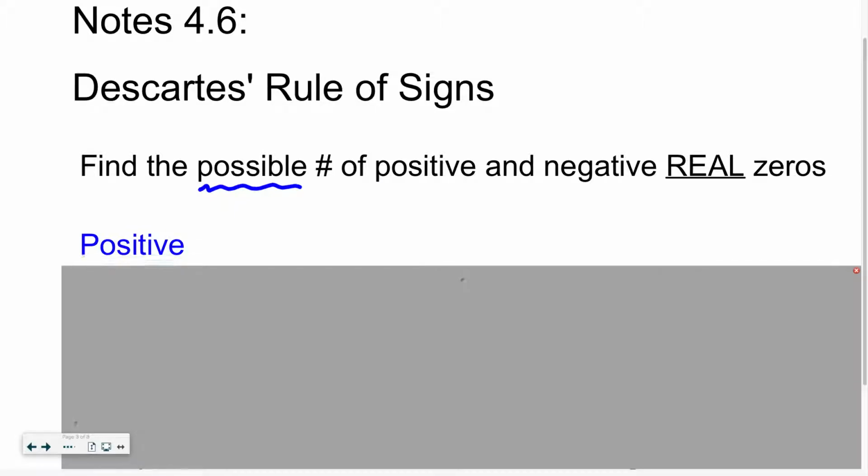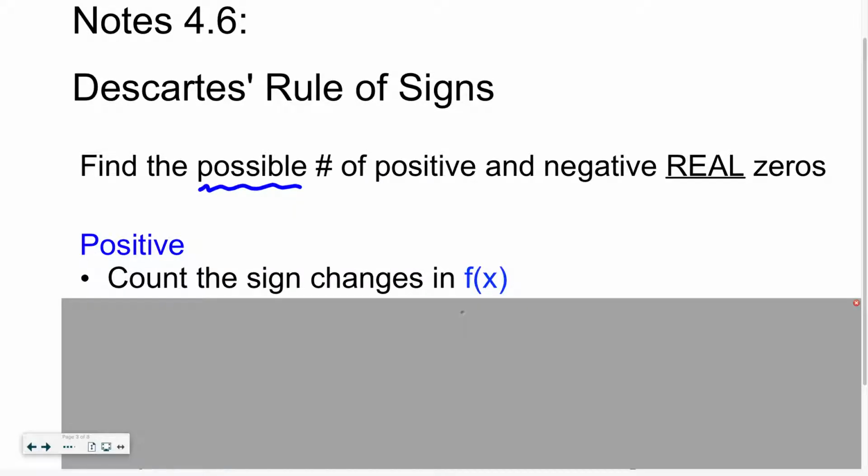Here's how the rule works for the positive zeros. You want to figure out how many possible positive real zeros there are for a particular polynomial. Should I even check any of the positive numbers in the list I made from plus or minus p over q? You're going to count the sign changes in f of x.